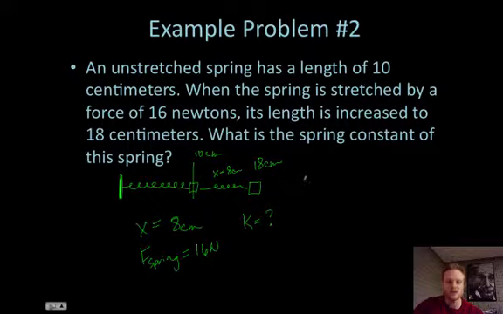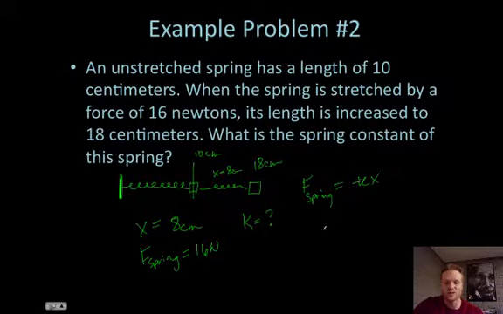So I'm going to be using Hooke's law, which is the force on the spring equals negative kx. And this negative can actually be dropped because all the spring's going to be doing is just restoring itself back to this equilibrium position. If it was being compressed the other way, then the negative would stay.